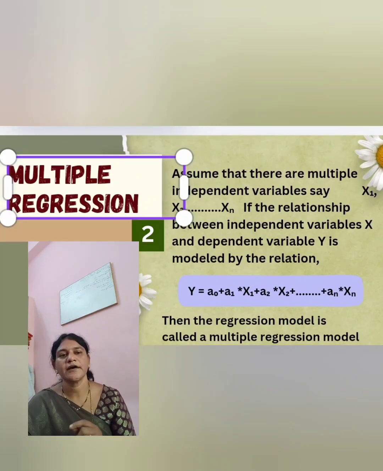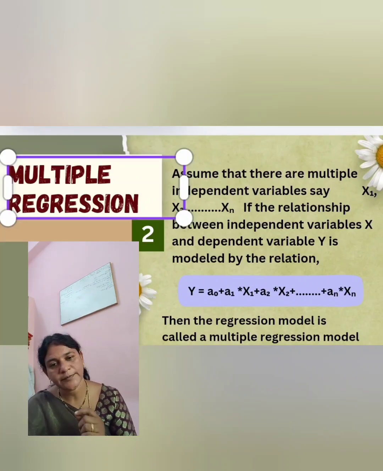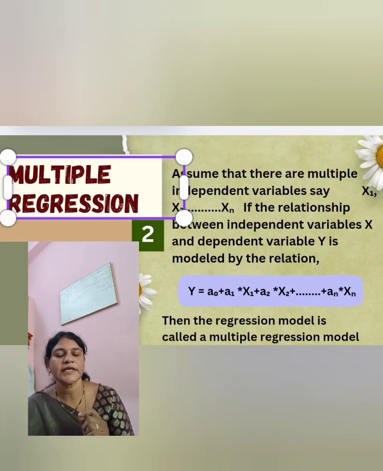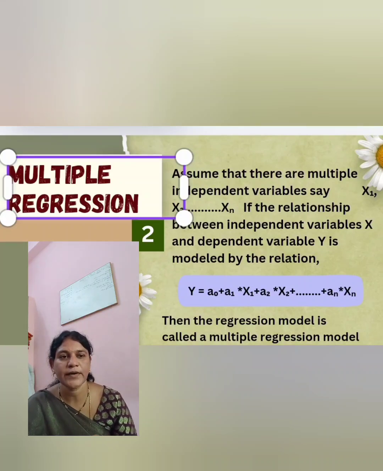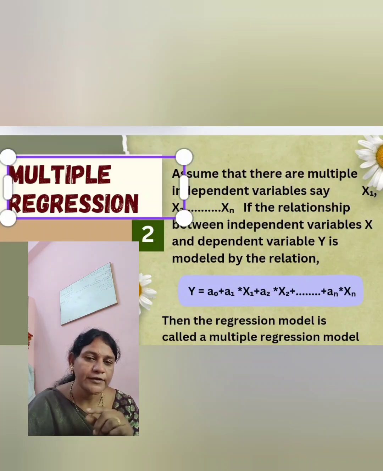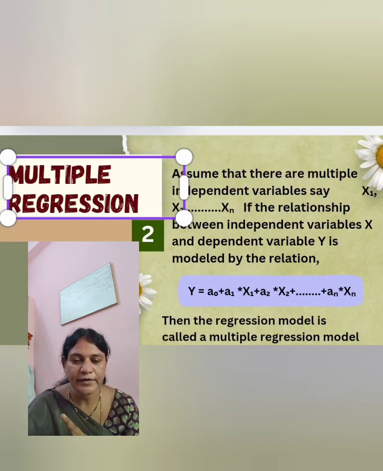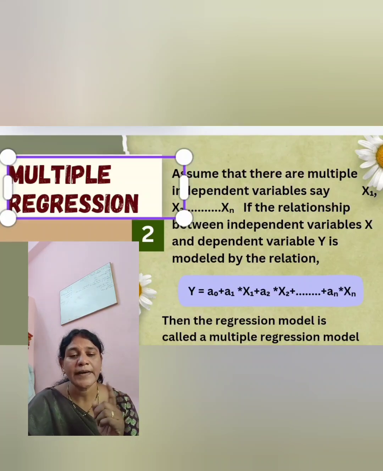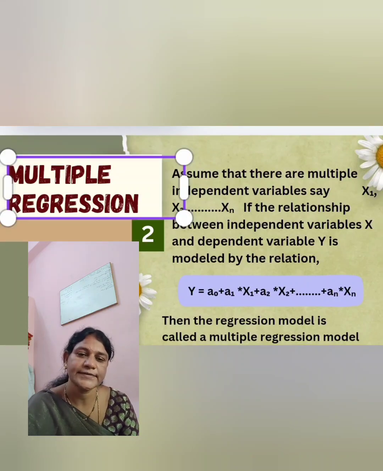Here is the formula: y = a0 + a1x1 + a2x2 + a3x3 and so on. So we find the one dependent variable by using multiple independent variables.